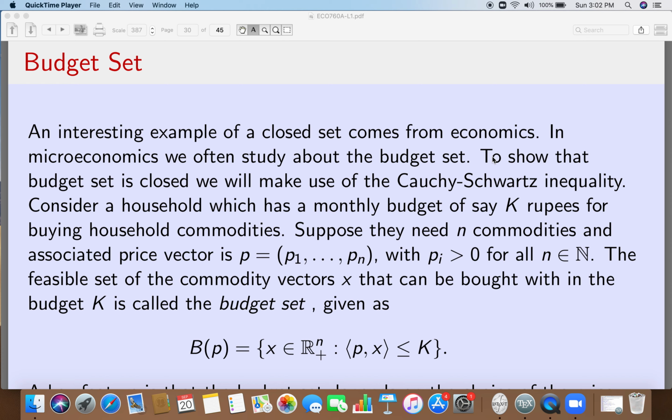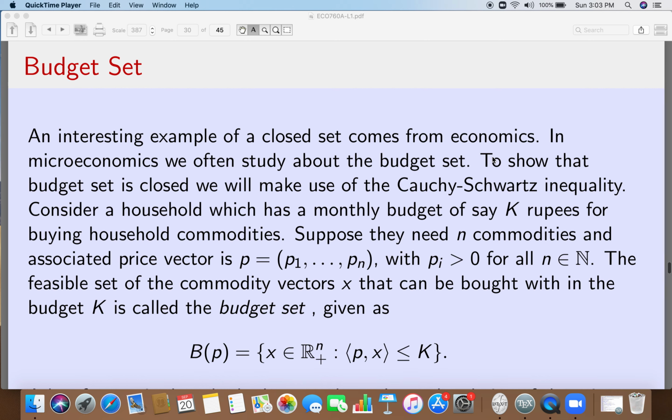We will learn later on that this is called a budget correspondence. If you look at the set B as a function of P, the price vectors, then it carries one given price vector to not a single commodity vector but to many commodity vectors, a commodity bundle.